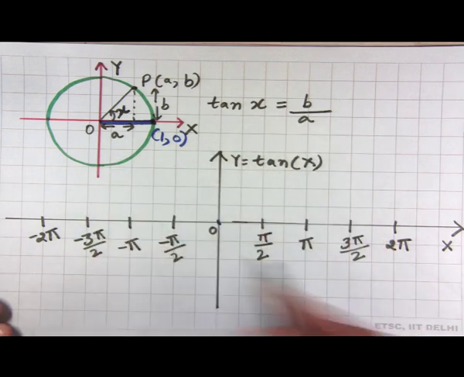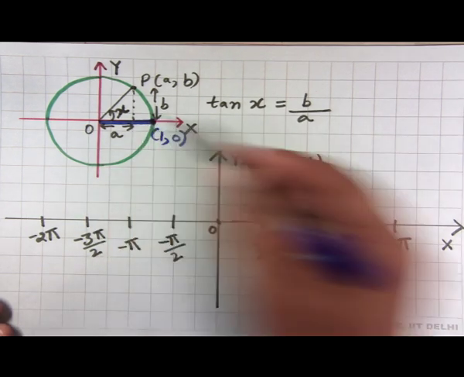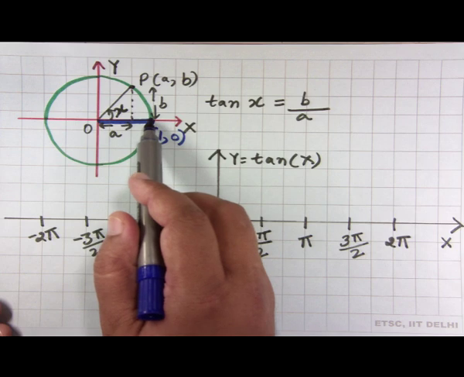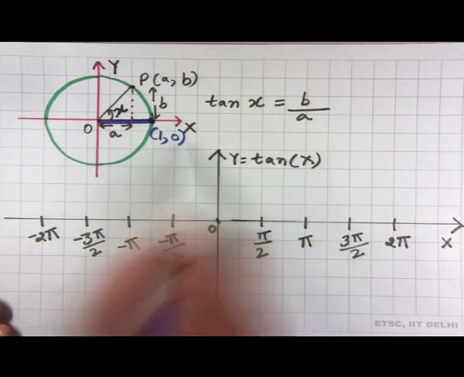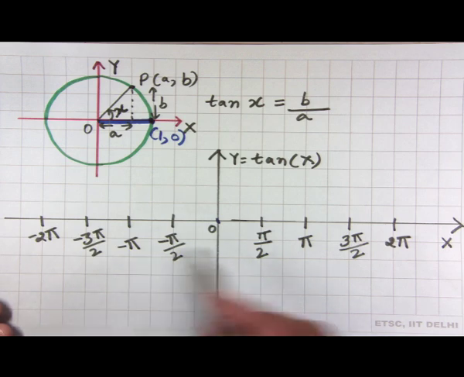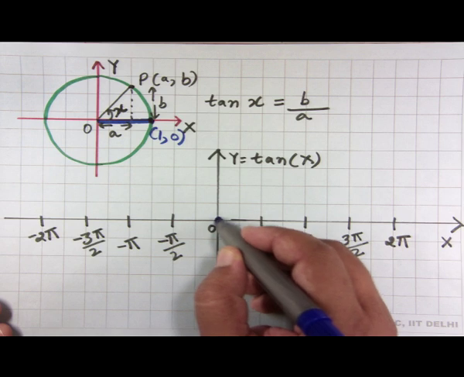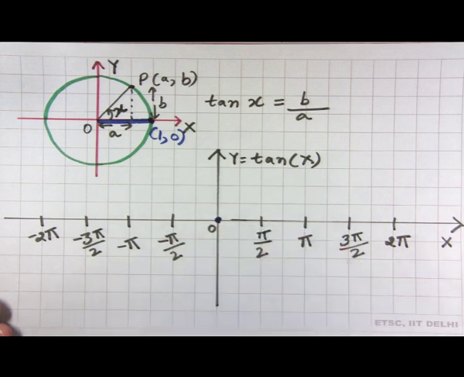So, when x is equal to 0, we are here, and then you see this ratio is simply equal to 0, because at this point the y coordinate is 0. So, therefore, at x equal to 0, tan of x is 0. So, this is where we are on the graph at x equal to 0.